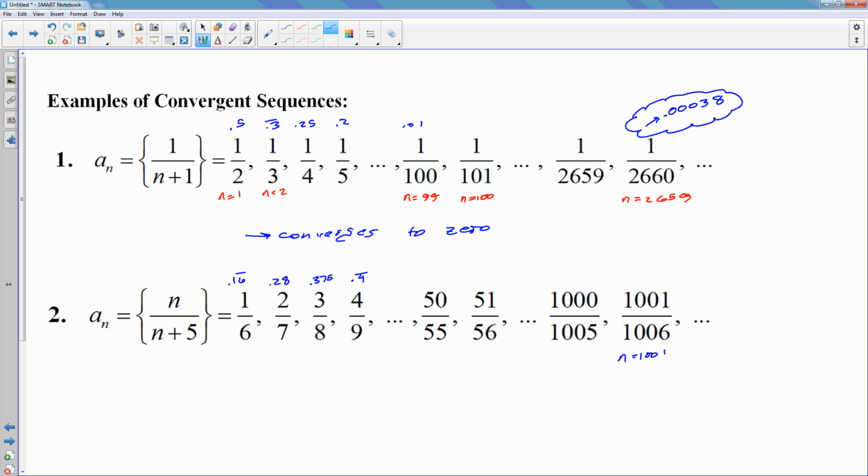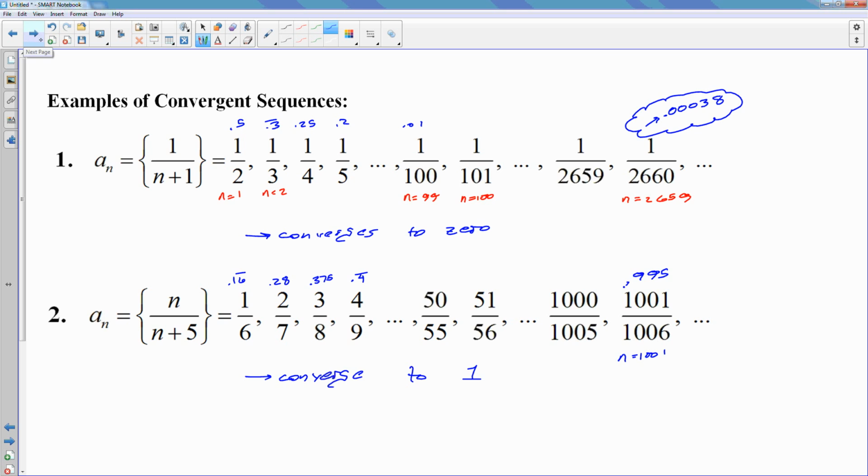If I plug 1001 divided by 1006 in the calculator, you get a decimal of 0.995. And what's happening here is these decimals, as you keep going to the right, are converging to 1. They're getting very close to 1. As you keep plugging in larger numbers for n, your terms are getting closer and closer to 1.